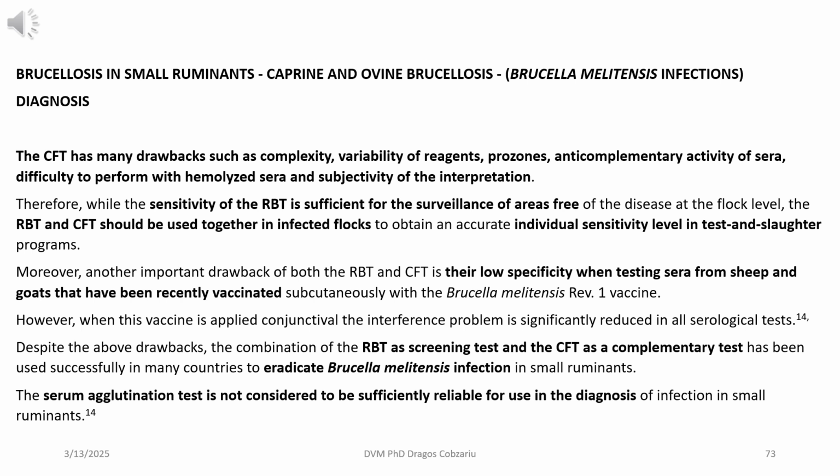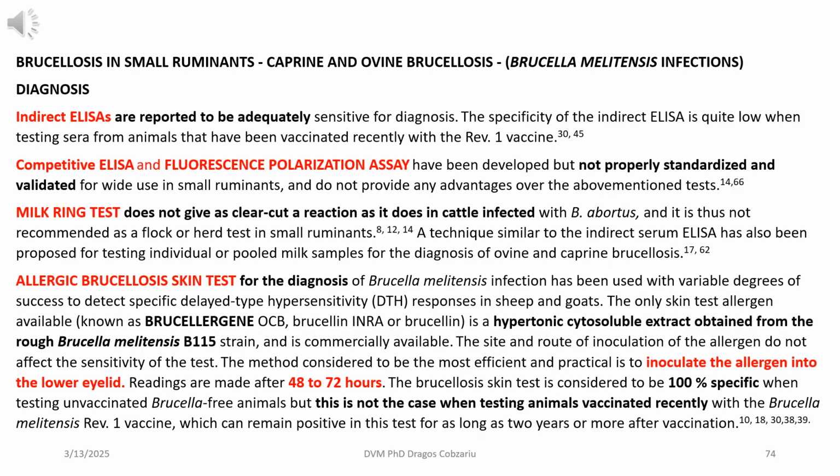The serum agglutination test is not considered to be sufficiently reliable for use in the diagnosis of infection in small ruminants. Indirect ELISAs are reported to be adequately sensitive for diagnosis. The specificity of the indirect ELISA is quite low when testing sera from animals that have been vaccinated recently with the Rev. 1 vaccine. Competitive ELISA and fluorescence polarization assay have been developed but not properly standardized and validated for wide use in small ruminants, and do not provide any advantages over the above-mentioned tests.